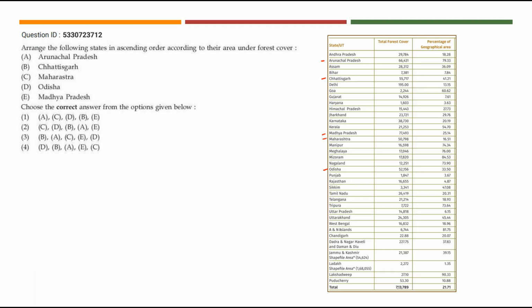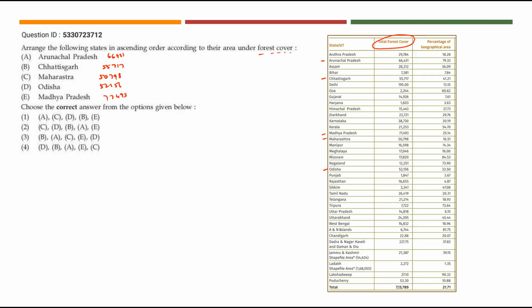Arunachal Pradesh is 66,431. Then what is Chhattisgarh? It is 55,717. Maharashtra is 50,798. Odisha is 52,156. Madhya Pradesh is 77,493. So you have to pick values only from this particular column, total forest cover.